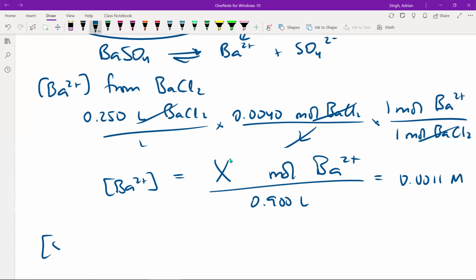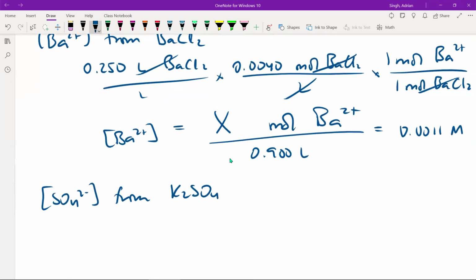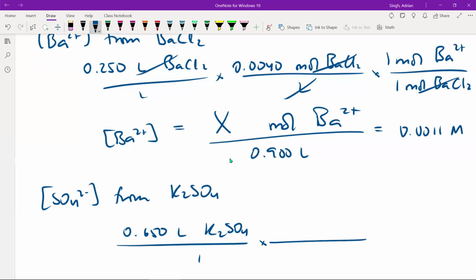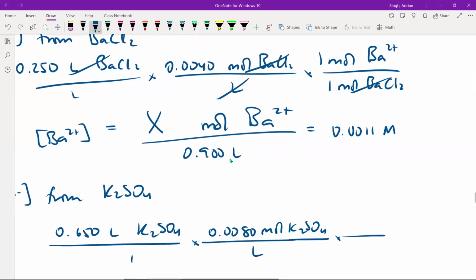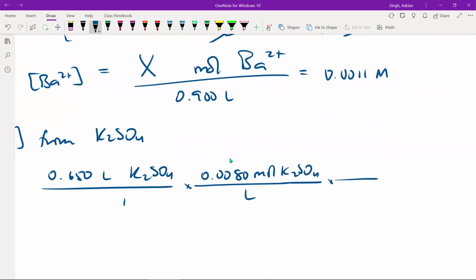The sulfate, on the other hand, the SO4 2-, is going to come from the potassium sulfate, the K2SO4. Okay, how much do we have? We have 650 mL, so that's 0.650 liters of the K2SO4. The concentration was 0.080 moles per liter. And then the ratio here is we have 1 SO4 2- for every 1 of the potassium sulfate.